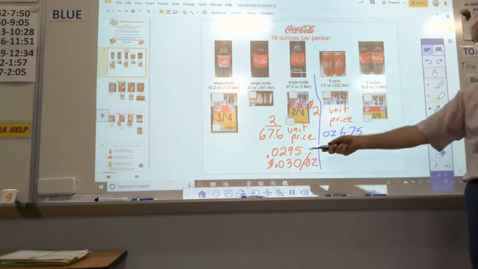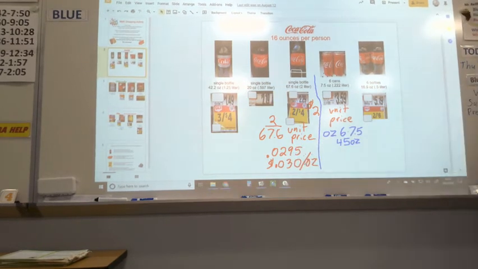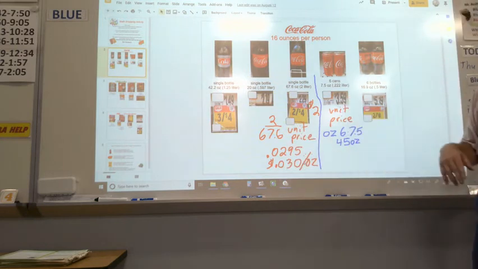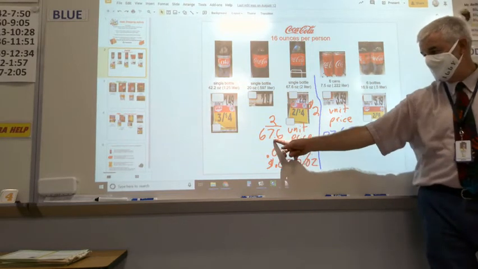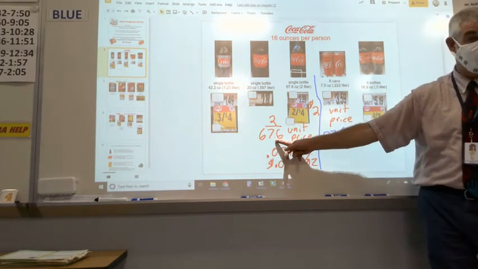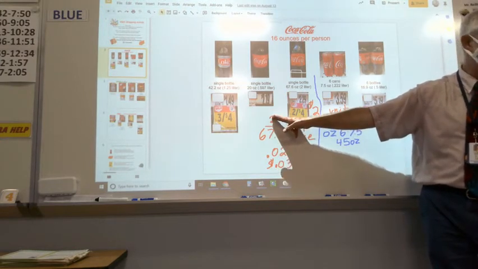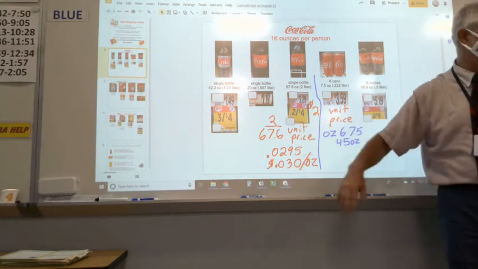Is this going to be a better price than this one? If it's 45 ounces for $3.59, and over here you got 67 ounces for $2. More Coke and less money. This one's going to be much cheaper.